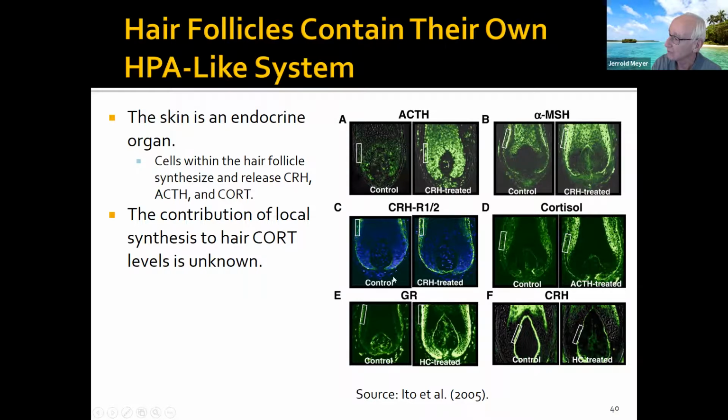We'll forget about that one. This is the receptor for CRH. And we see that the receptor is localized just to this band here, but there is evidence for the receptor. Here's cortisol, sensitive to ACTH. Here's cortisol staining. Here's the glucocorticoid receptor. So the whole HPA axis is present in your hair follicle.